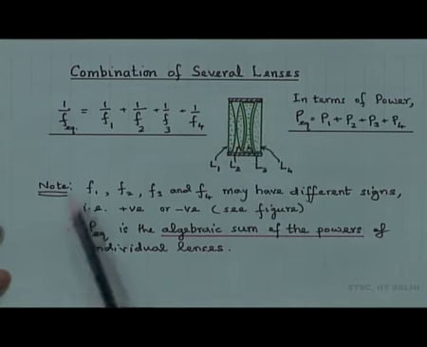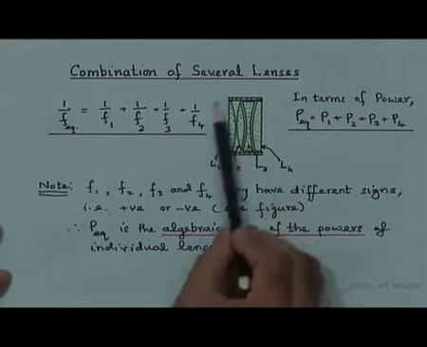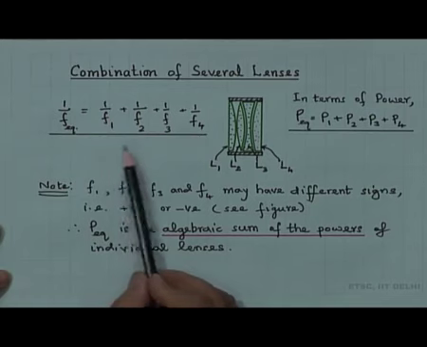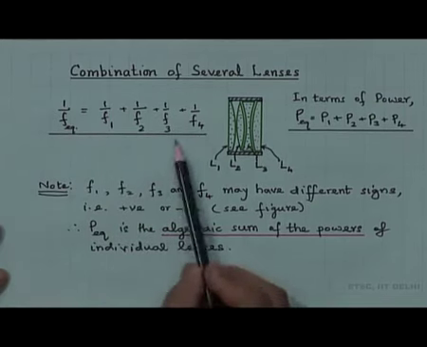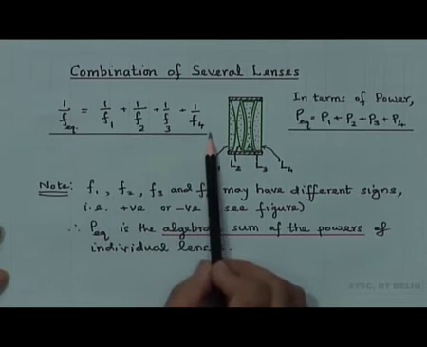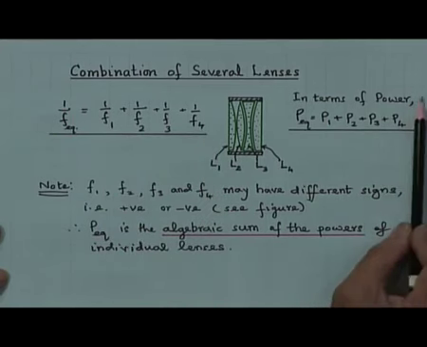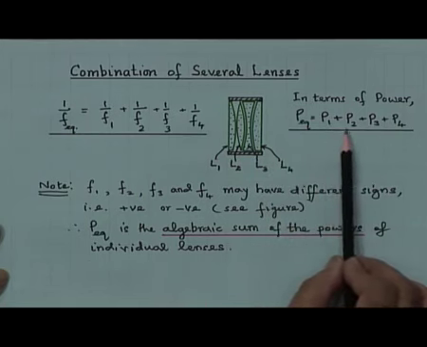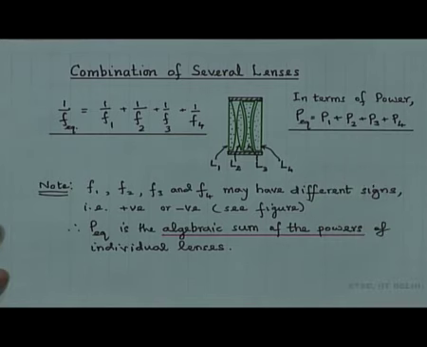So the combination has an equivalent focal length given by 1 over F equivalent equals 1 over F1 plus 1 over F2 plus 1 over F3 and so on. In other words, in terms of power, the equivalent power of this combination is the sum P1, P2, P3, P4.